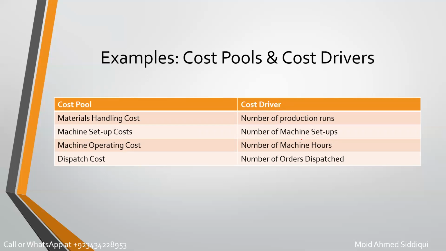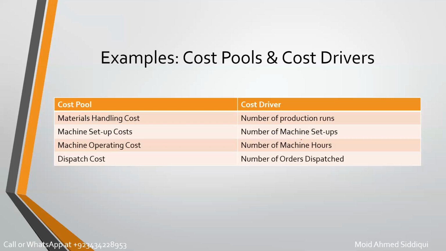A cost driver, as I told you in the previous slide, is any factor that causes a change in the cost of an activity. So the machine setup cost depends upon the number of machine setups. This means that the more machine setups there are, the more the machine setup cost will be.